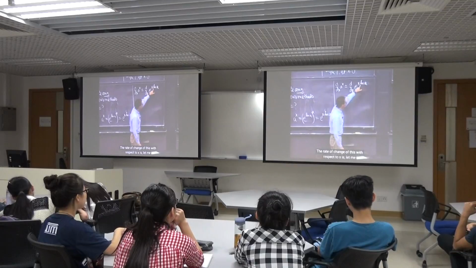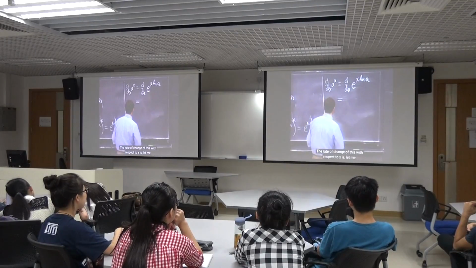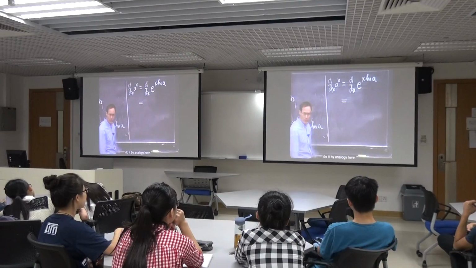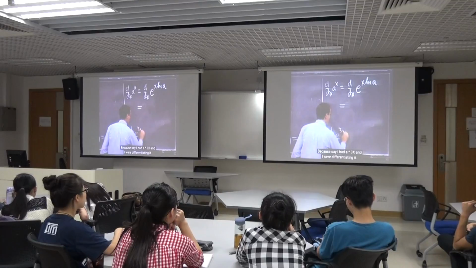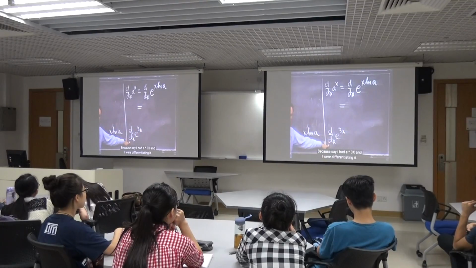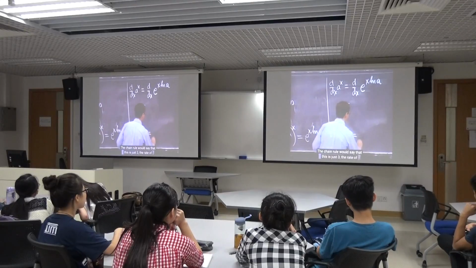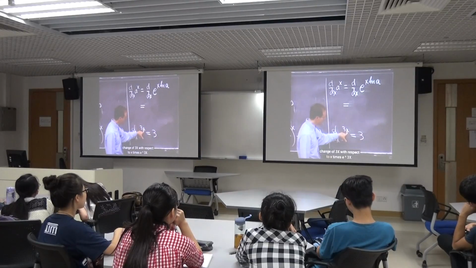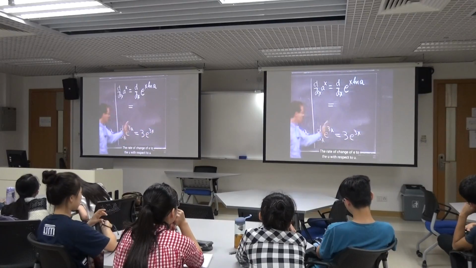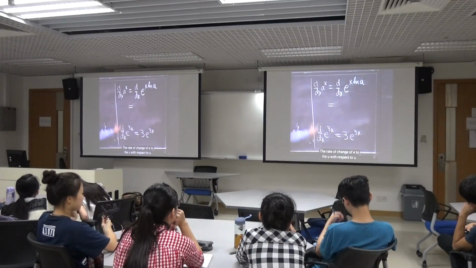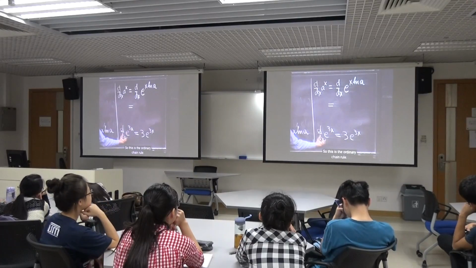The rate of change of this with respect to x is, let me do it by analogy here. Say I had e to the 3x, and I were differentiating it. The chain rule would say that this is just 3, the rate of change of 3x with respect to x, times e to the 3x, the rate of change of e to the u with respect to u. All right? So this is the ordinary chain rule.